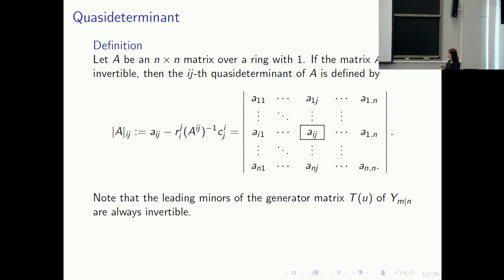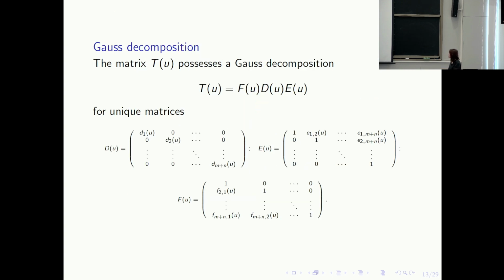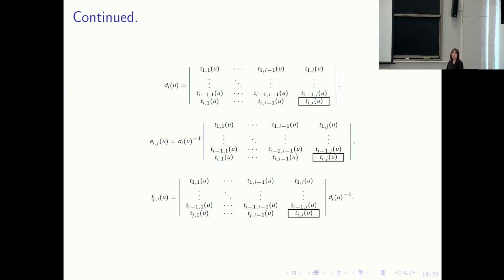First, in terms of quasi-determinants, we can make the matrix T(u) have a Gauss decomposition. Each entry in this decomposition is a formal power series d_i(u), e_ij(u), f_ji(u). Each entry is obtained by a quasi-determinant.